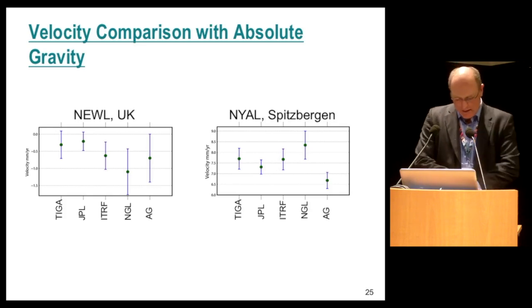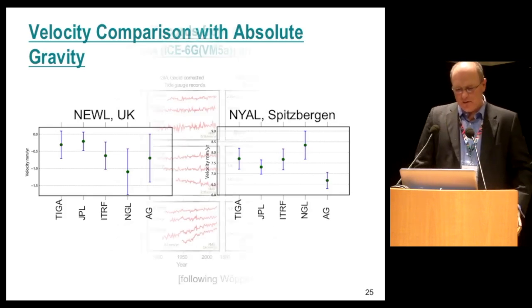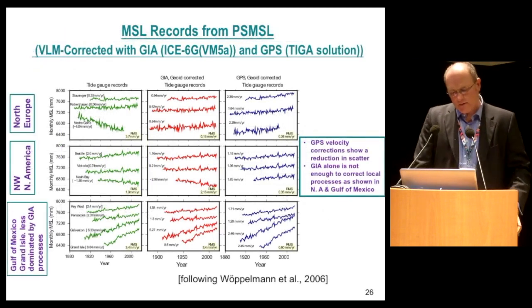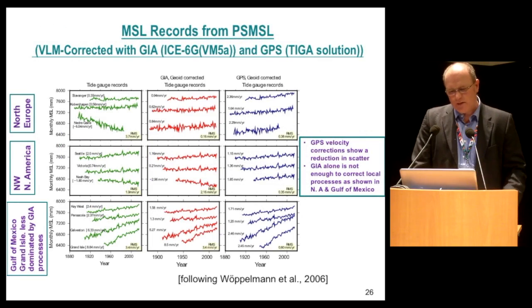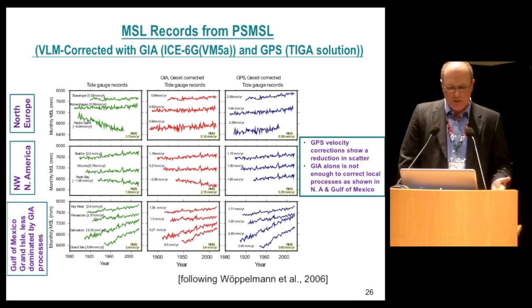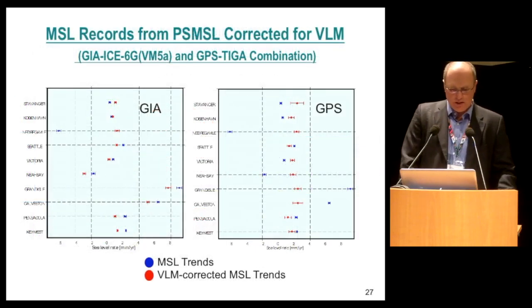Coming now to the application to sea level. This is a figure similar to Wöppelmann et al. 2006, basically looking at mean sea level records, then correcting them with the GIA models, which was done initially, and now with GPS corrections. I can go here quickly because, in fact, this shows to a degree much more what it actually does.